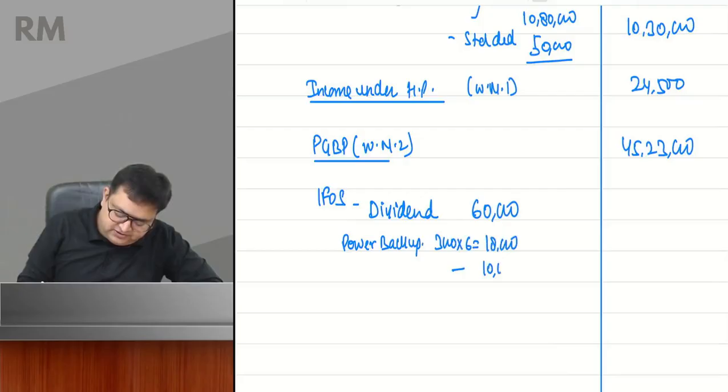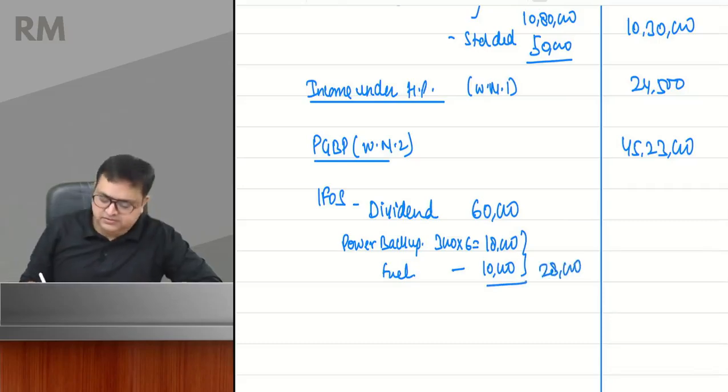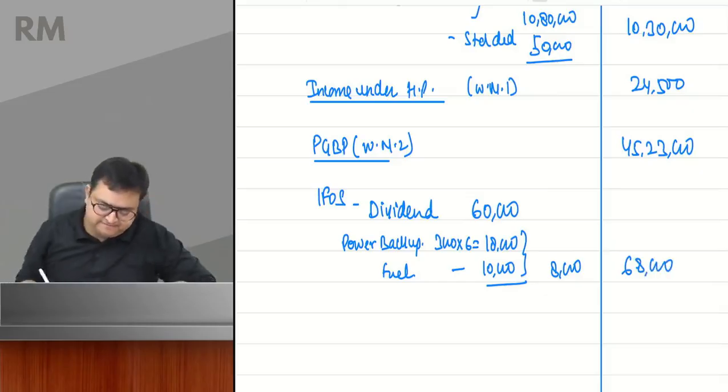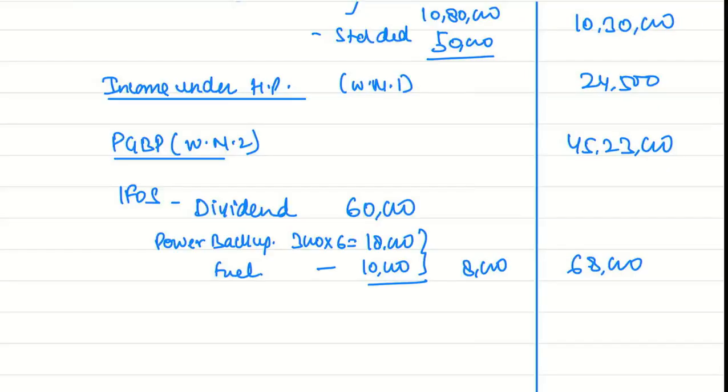Minus 10,000 is the fuel expenses. 8,000 we have in IFOS. So 68,000. Correct, Harini. Power backup. Aditya, correct. 68,000. All good.